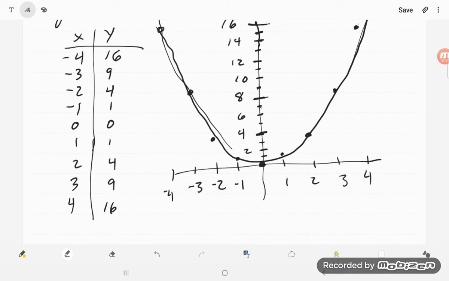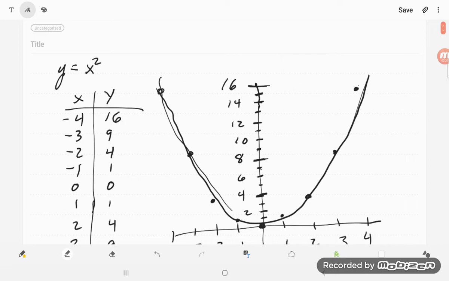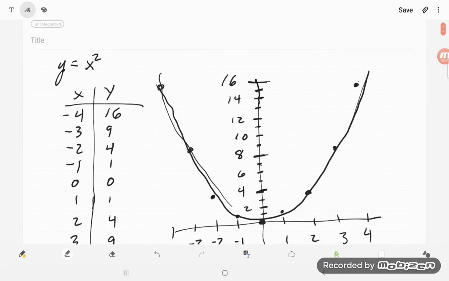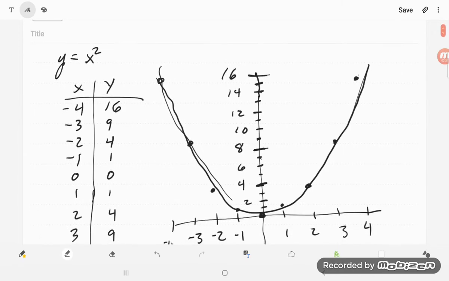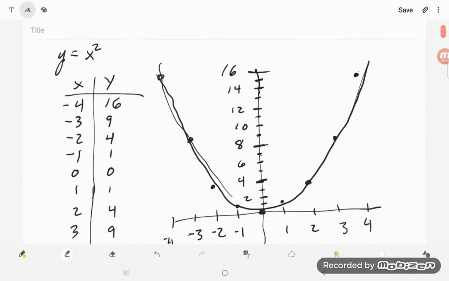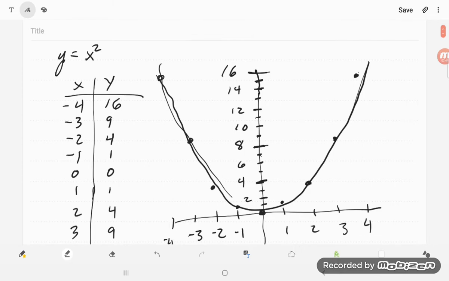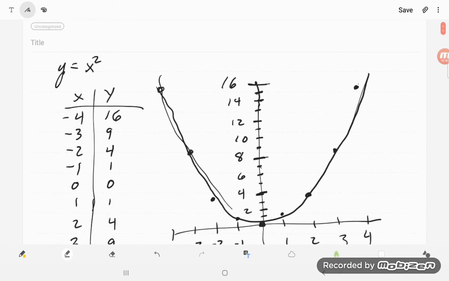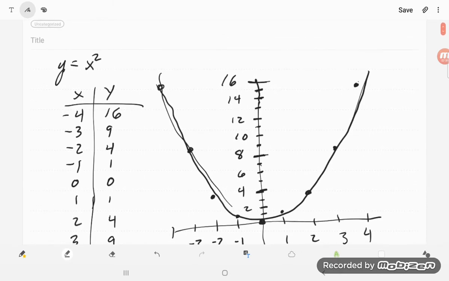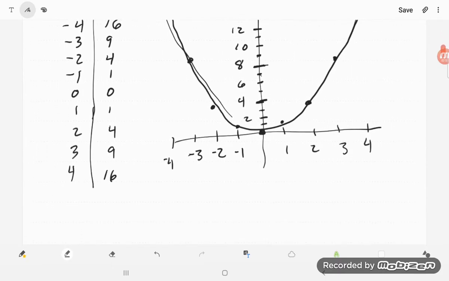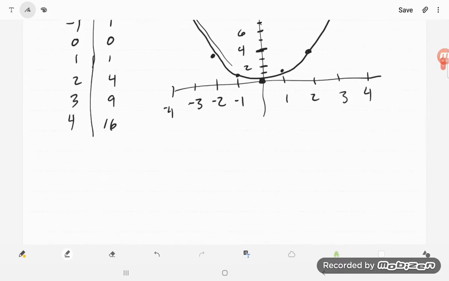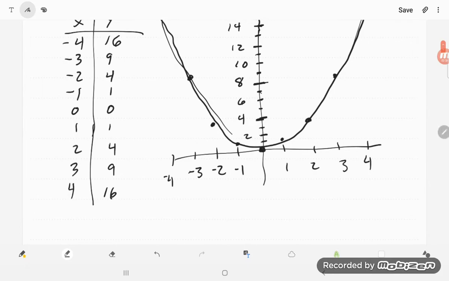We're going to talk about putting in some parameters here to move this around, and I have some videos using Desmos to show how things get moved around there. It's a little easier to see. But we start with y equals x squared, and this is a parabola opening up.